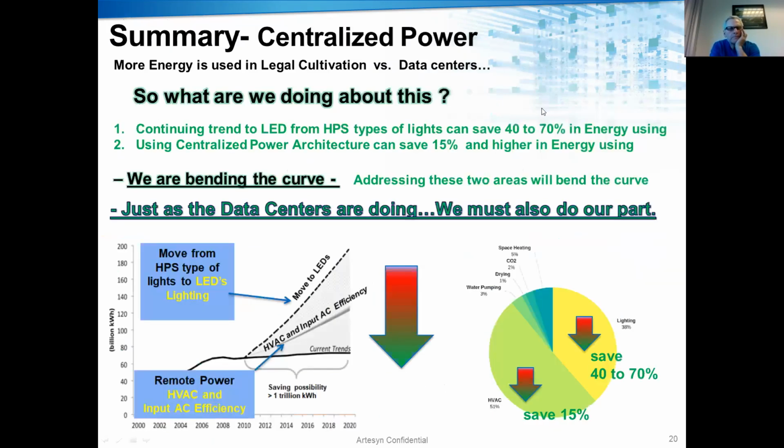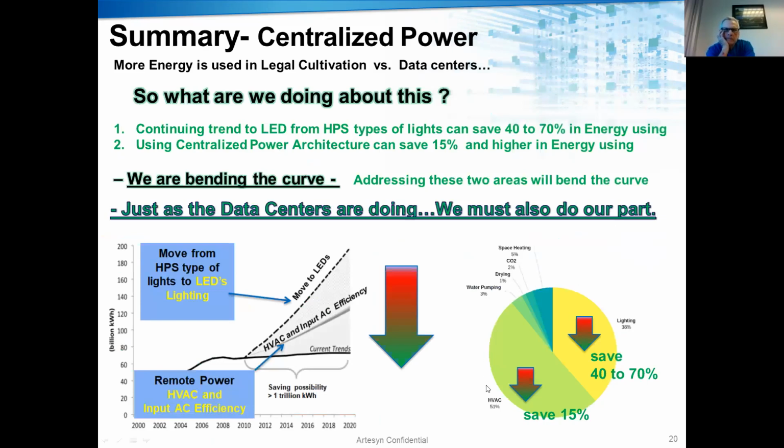So in summary, if you look at what the data centers did, we have to do something. So what are we doing? We're going to LEDs. That's one nice thing that's happening, and the trend's there. That's a nice 40 to 70% of energy savings. And if we can do central power architecture, we can save another 15%.